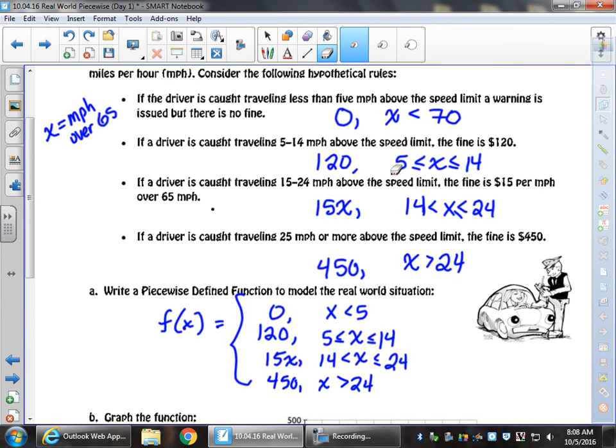Okay. 5 to 14 would become... right, so where they're getting that, 65 plus 5 is 70, 65 plus 14, 79.